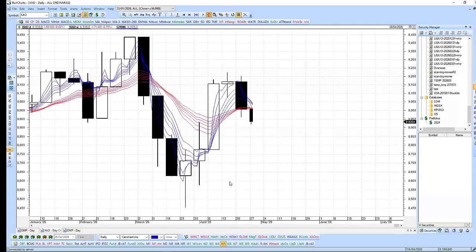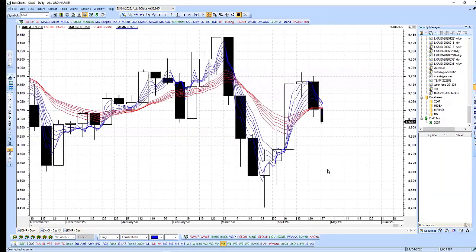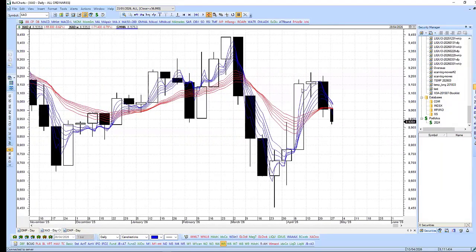W5 on my template toolbar. To view this, I need to view an index, because I've got weekly candles in the pane title bar up here. You can see I've got a daily index, XAO daily, and XAO weekly. Now the XAO daily is hidden. You can't see it.